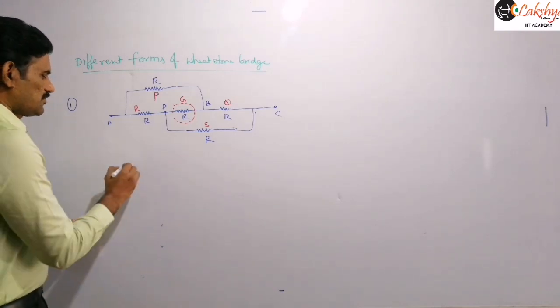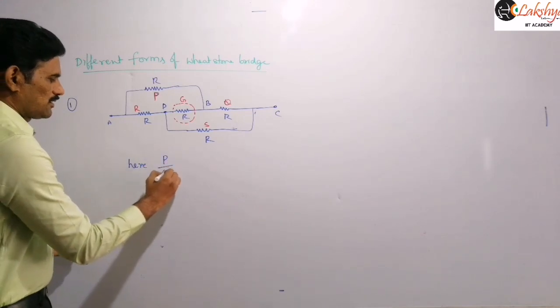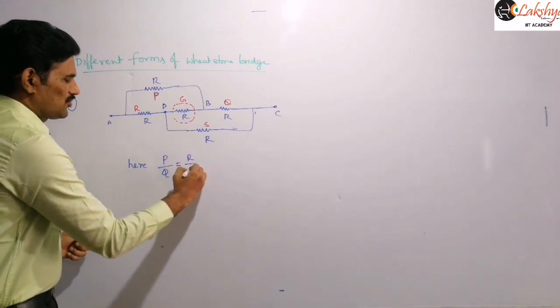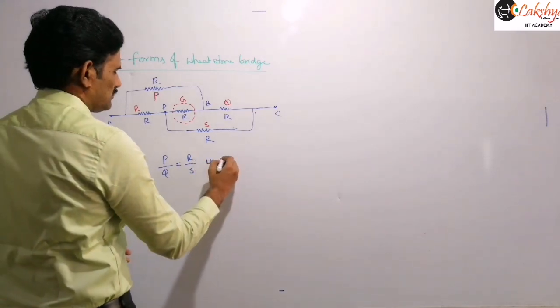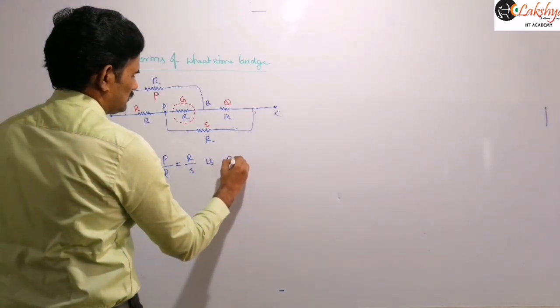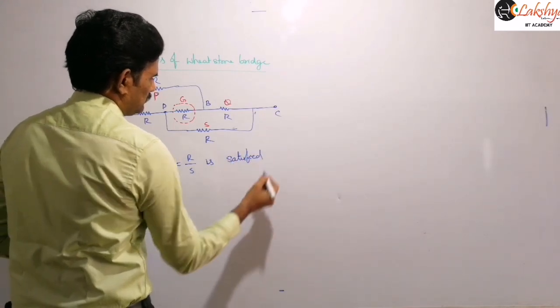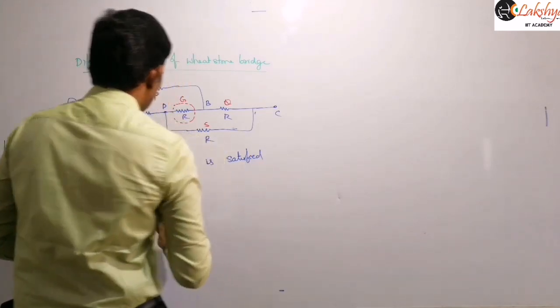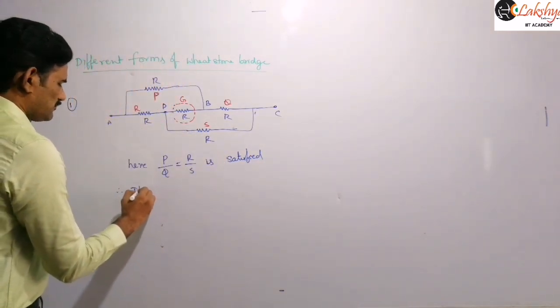So here I can mention that P by Q is equal to R by S is satisfied. Therefore, it is a balanced Wheatstone bridge.